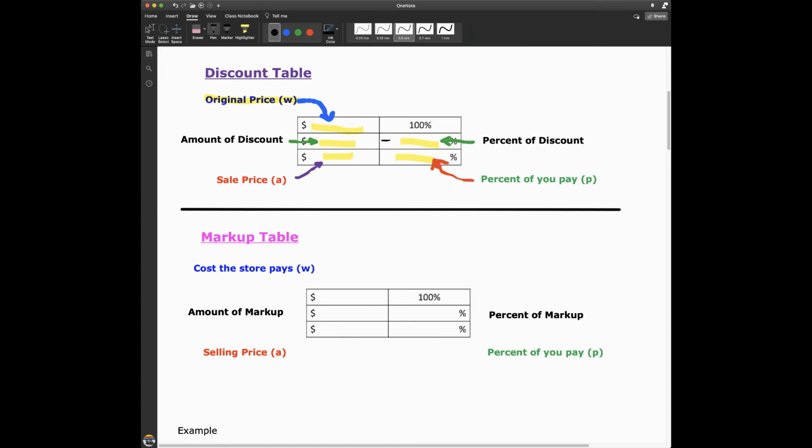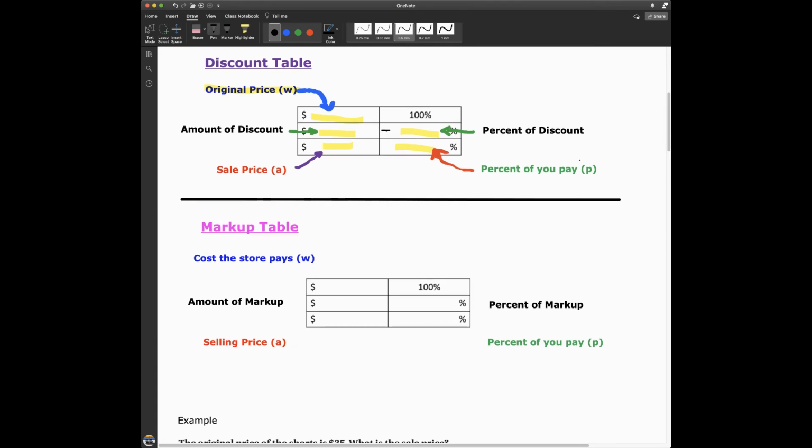All right. So let's look at the markup table. For a markup table, it's very similar. The cost to the store, what the owner of the store pays, goes right there. The amount of the markup, the dollar amount of the markup, goes there. And then what we pay, the buyer, the consumer, goes there.